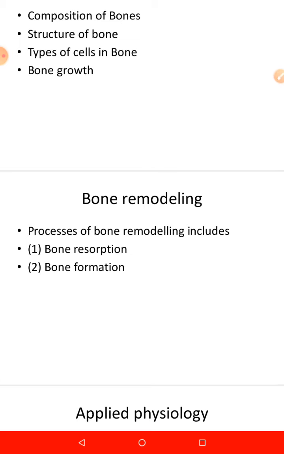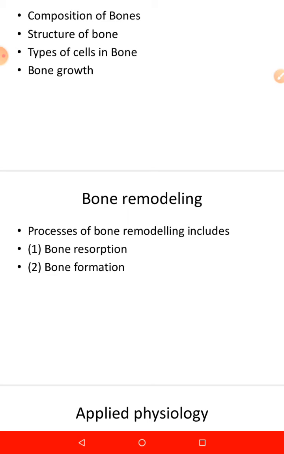For example, in children, bone remodeling is important for thickening of the bones. Also, bone remodeling is important for normal growth of bones and shaping of bones in a way that is beneficial to an organism or to the human body.